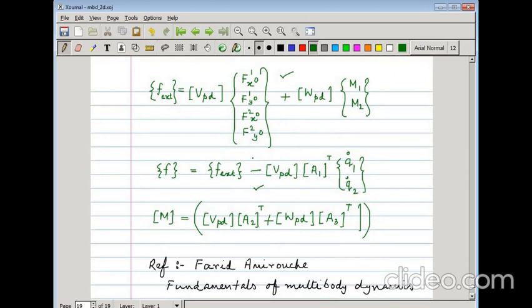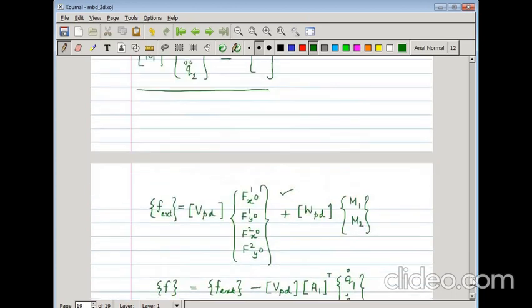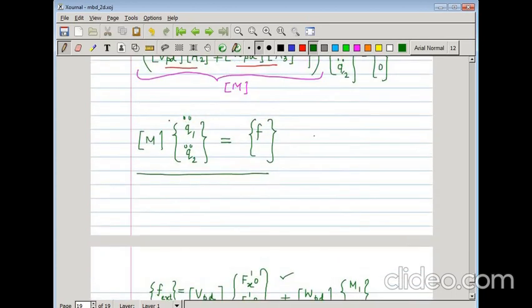This contains time dependent terms, functions of q1 and q1 dot, and q1 double dot is separated and q1 double dot is only here. M also contains time dependent terms, q dependent terms, and q dot terms, but q double dot terms will not be there.